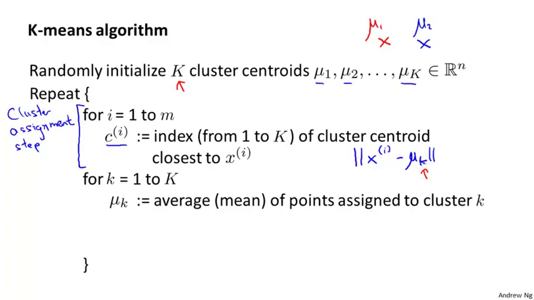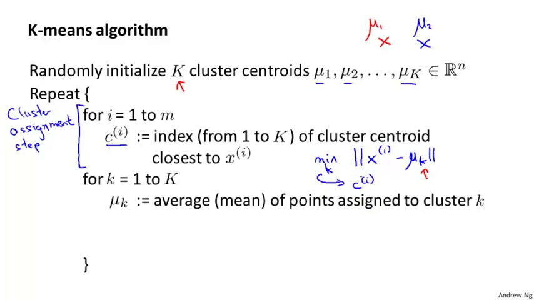So that's the distance between the example and the cluster centroid, and what I'm going to do is find the value of lowercase k that minimizes this, and that's what I'm going to set as ci.